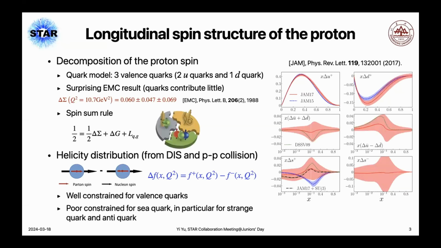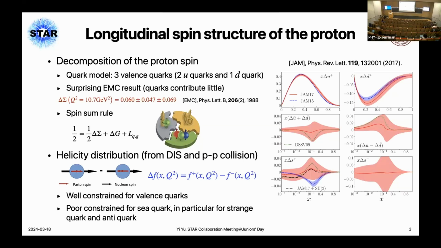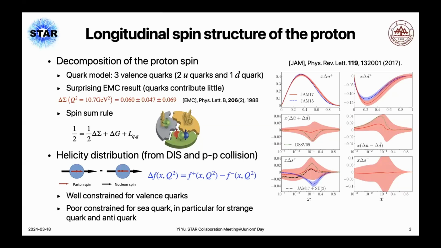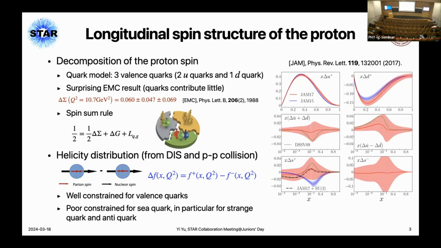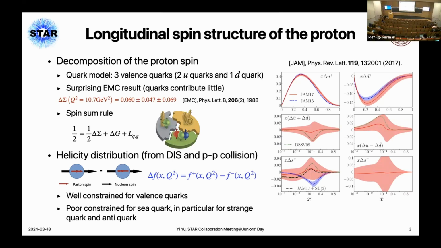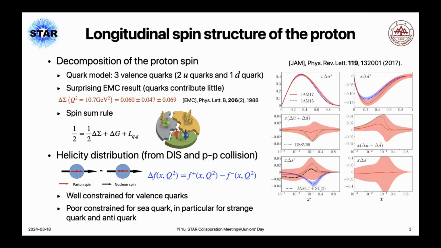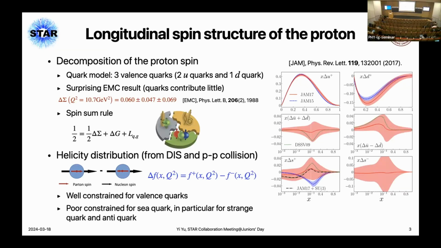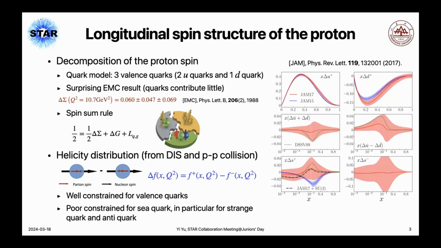However, an experiment conducted in the late 1980s by the European Muon Collaboration tells us that the quark contribution to the proton spin is consistent with 0. This result caused the so-called spin crisis or spin puzzle of the proton spin.